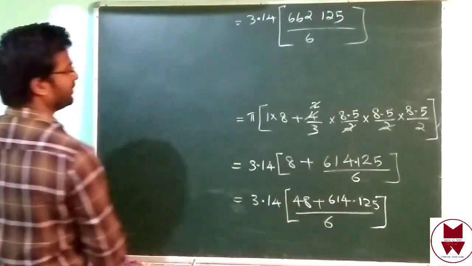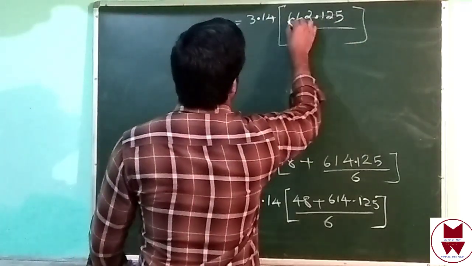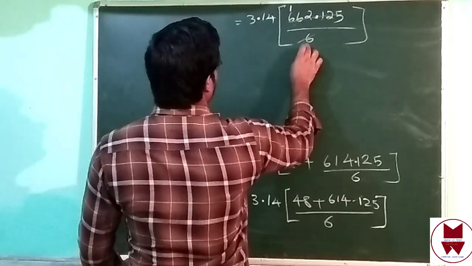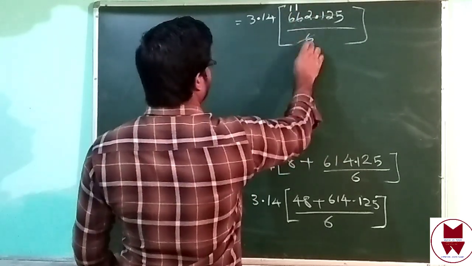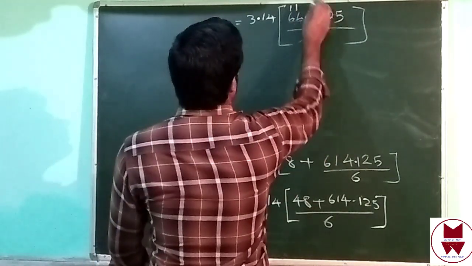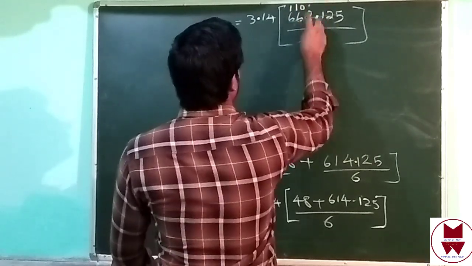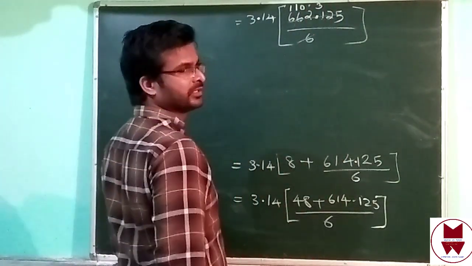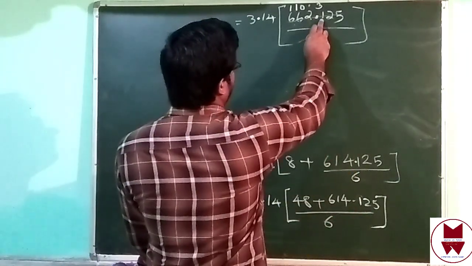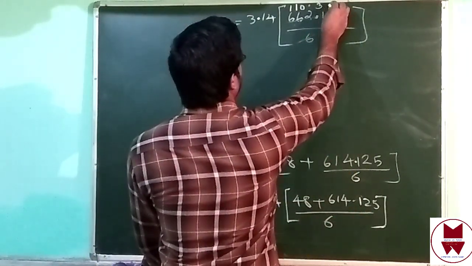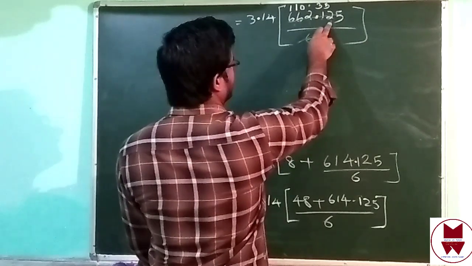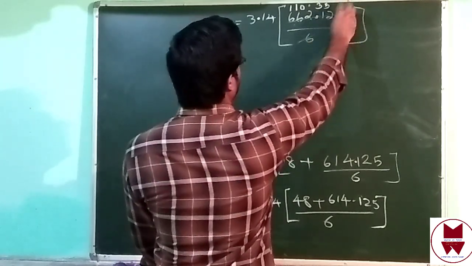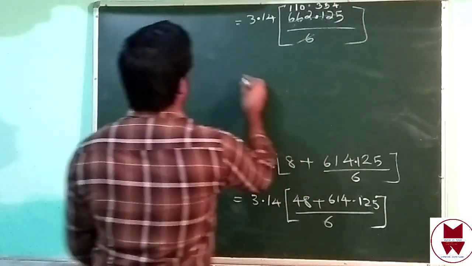Then using 6, divide this. In 6, 1 time, again 6, 1 time. 2 divided by 6, we cannot, then 0. Sorry, point, then 0 1. In 21, 3 times, 18, isn't it? Then remaining 3. In 32, 5 times, then 30, remaining 2. In 25, 4 times.